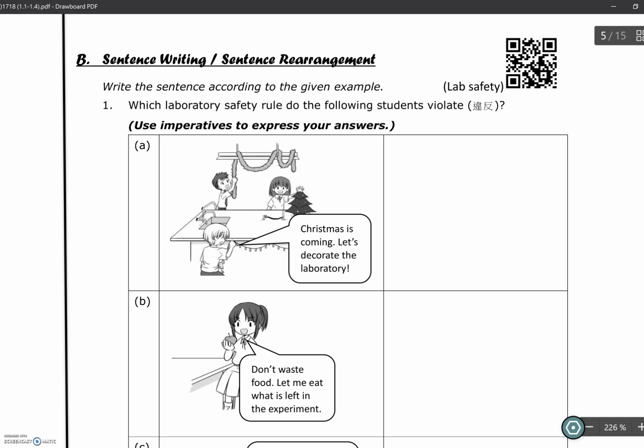So you must use imperatives to talk about what is the problem the students show in the pictures. So you just copy from the rules of the lab: don't run and play.